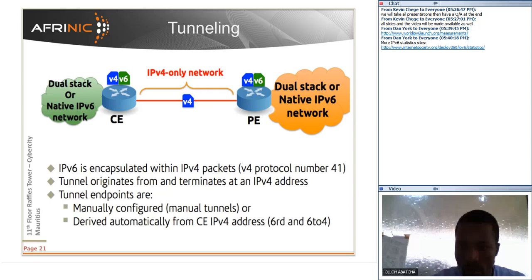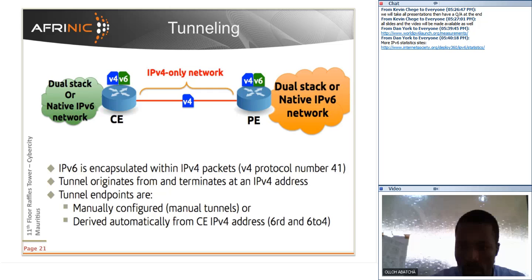So tunneling, here you can see again, if you have either a dual stack or a native IPv6 network, you can see them on both sides, but the connection between them is an IPv4 only network. So what happens is the IPv6 packets get encapsulated inside the IPv4 packets using the protocol number 41 that we've just mentioned.